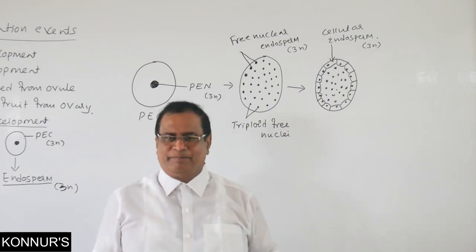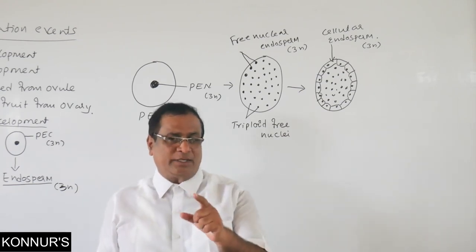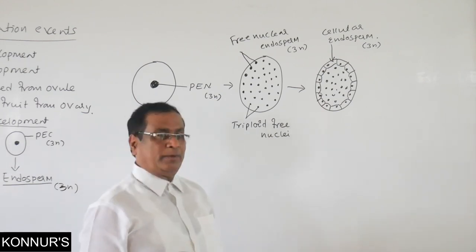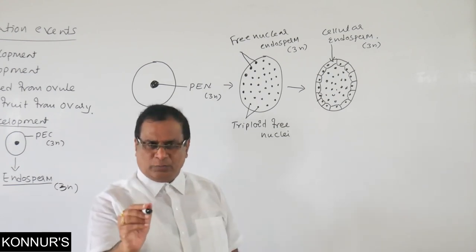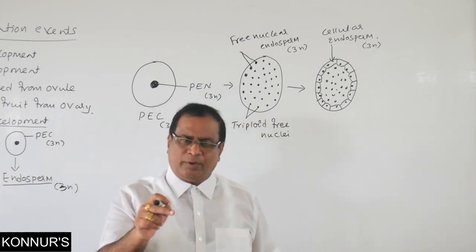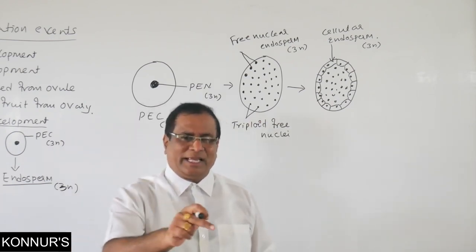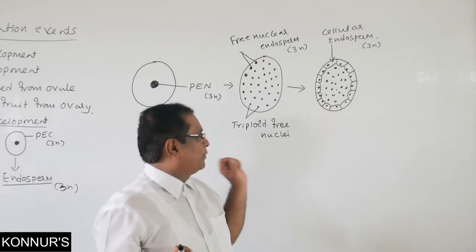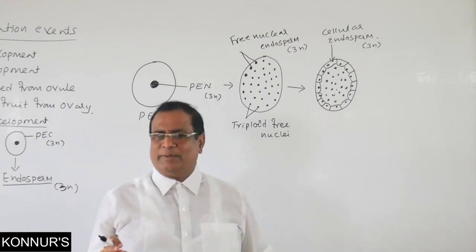In that coconut, there is a white cellular endosperm. So in case of coconut, we do find both the endosperms: free nuclear endosperm in the form of coconut water, and cellular endosperm in the form of the white, tender coconut, which is made up of cellular endosperm as well.